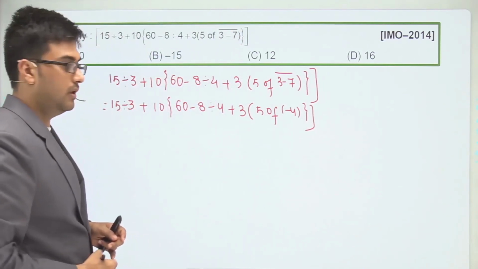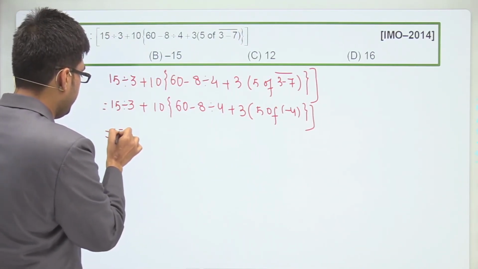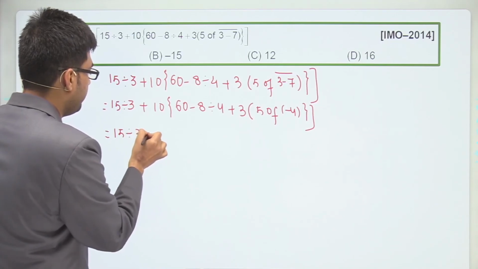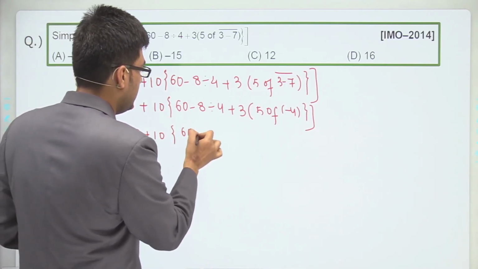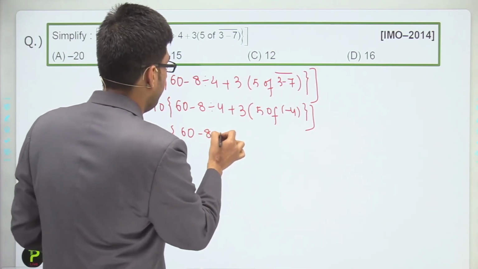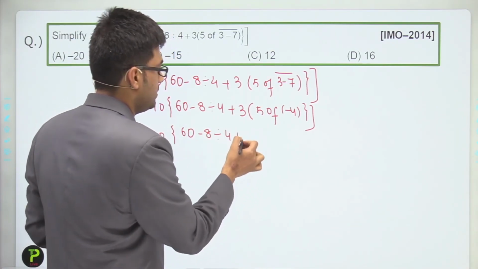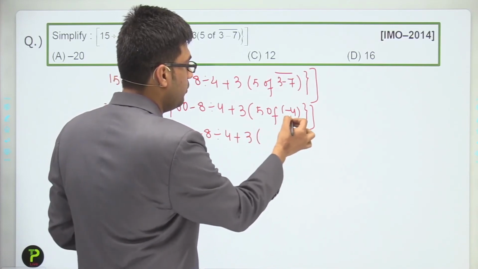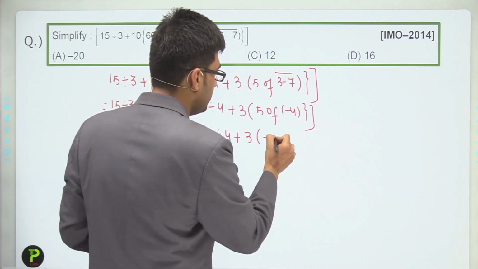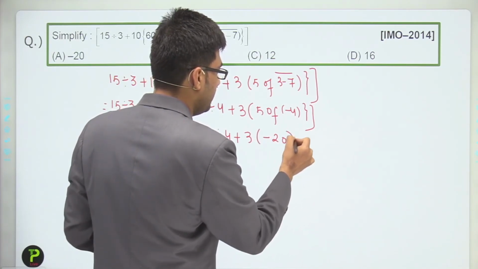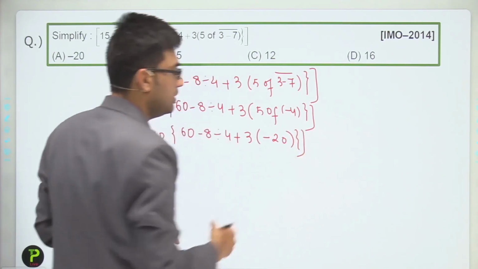Clear? Now this is 15 divided by 3 plus 10, times 60 minus 8 divided by 4 plus 3, 5 of minus 4. 5 of minus 4 means 5 multiplied by minus 4, that is equal to minus 20. Clear?